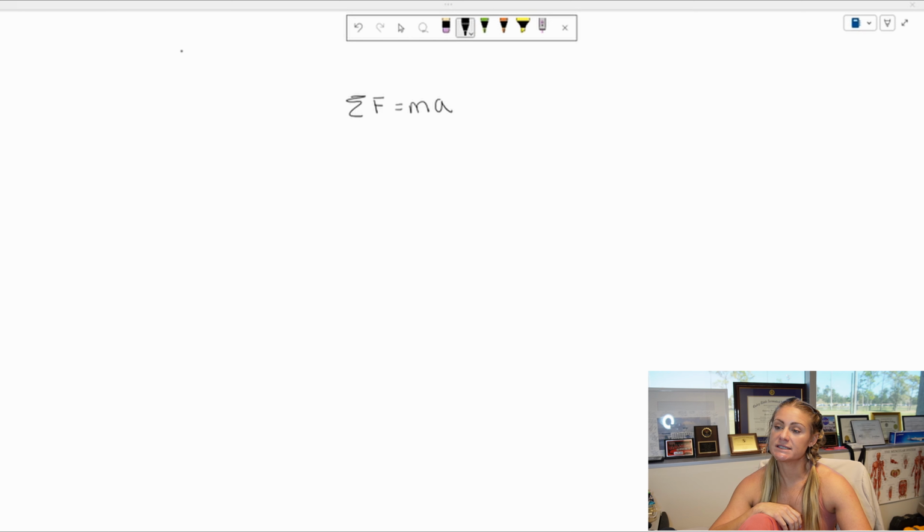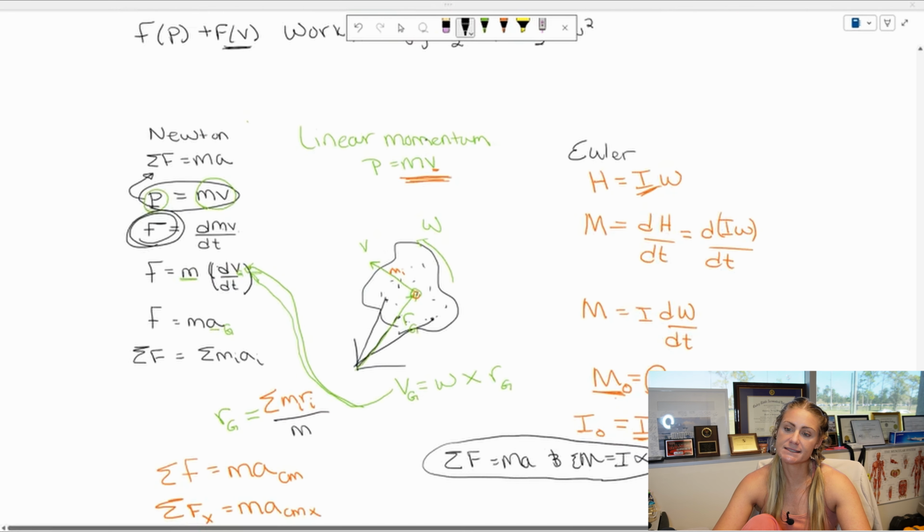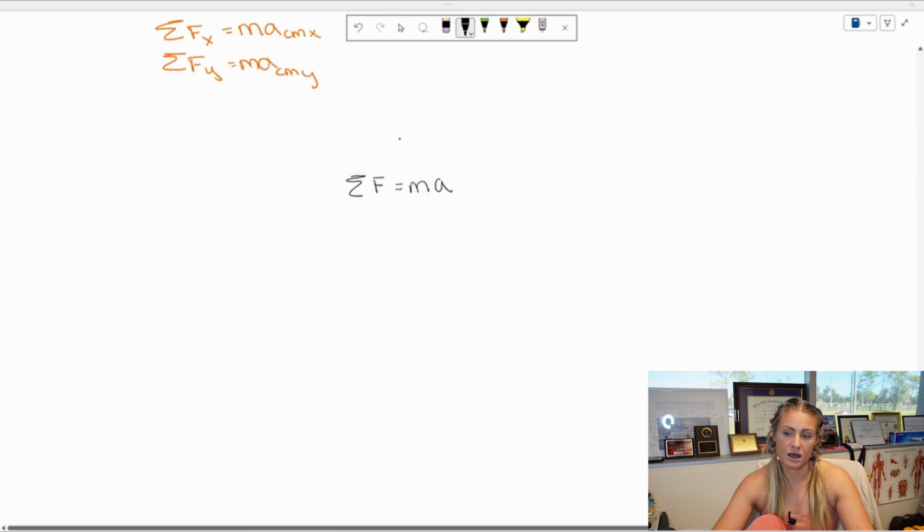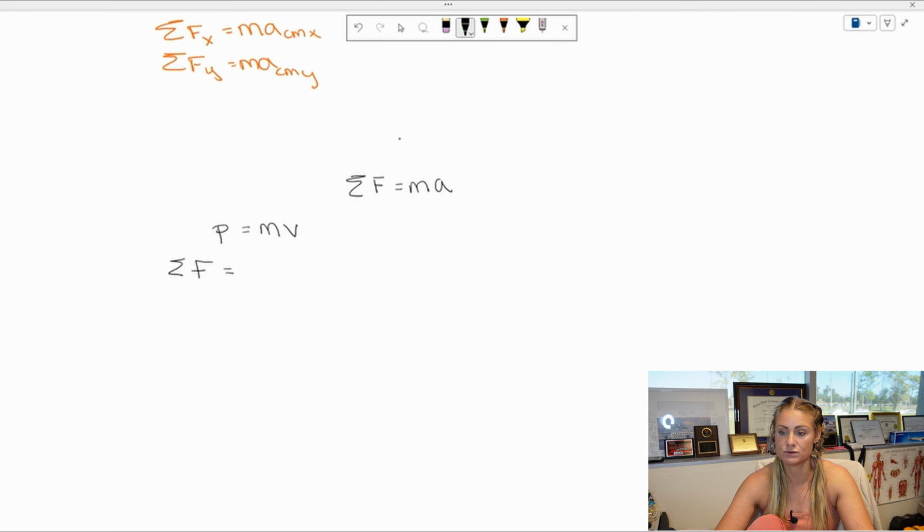We kind of already did this, because remember up here I said that the linear momentum P is mass times velocity, and that the sum of the forces is equal to the change in P over t.